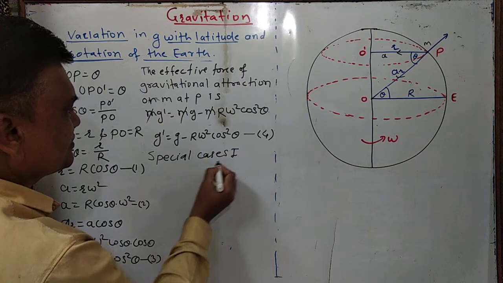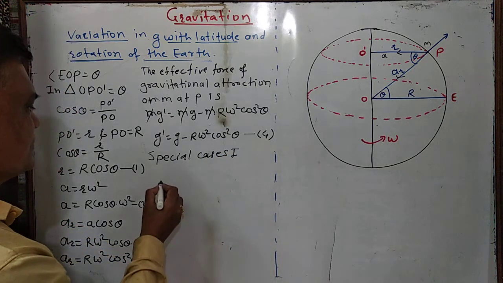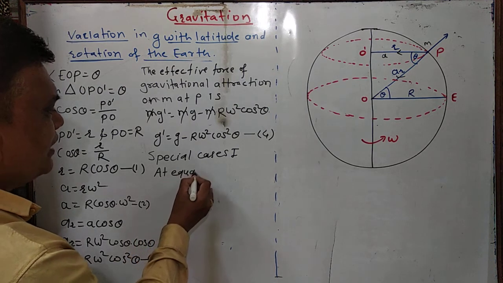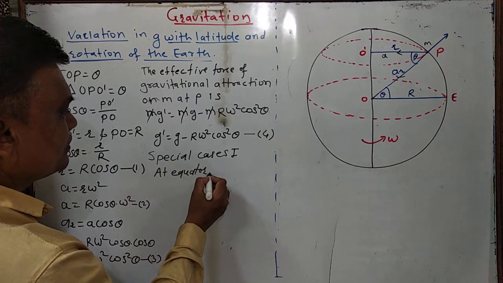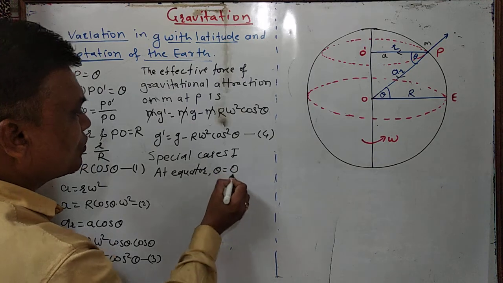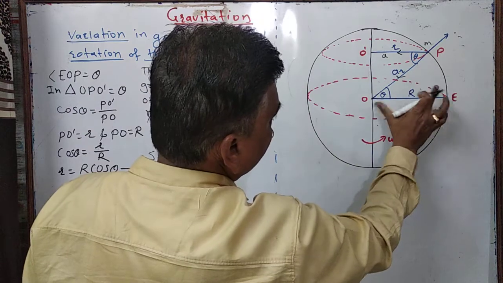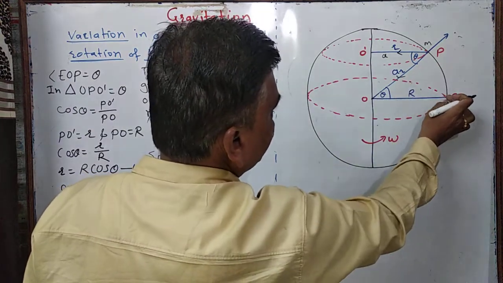Case number 1, at the equator. Theta equals 0, because the radius vector is parallel to the equator.